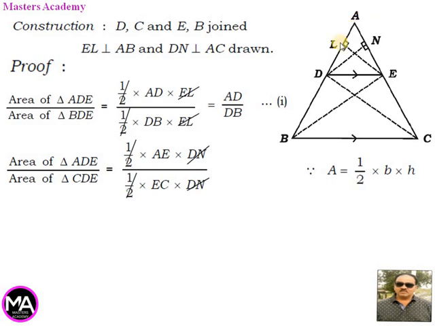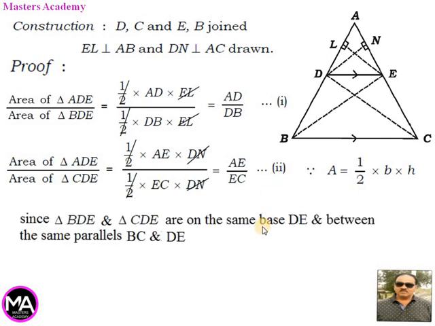Area of triangle ADE divided by area of triangle CDE is equal to half into base AE into height DN, divided by half into base EC into height DN. Half gets cancelled, DN gets cancelled, is equal to AE by EC. Call this equation 2.